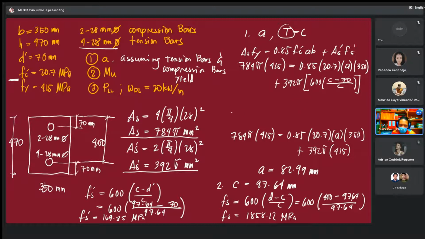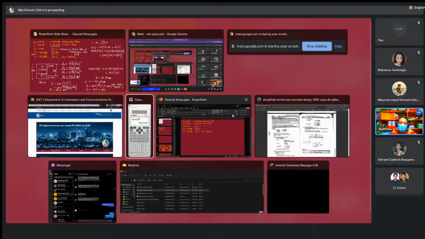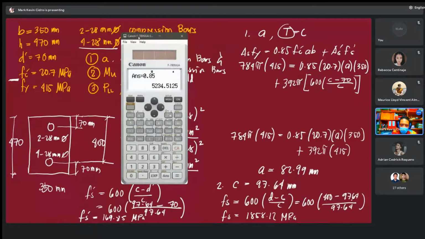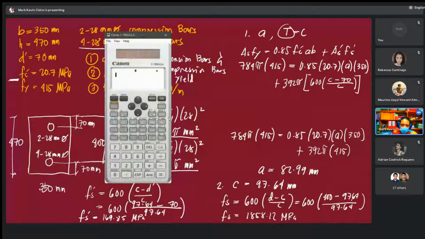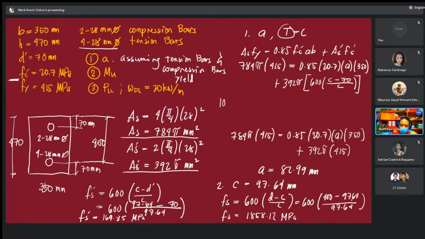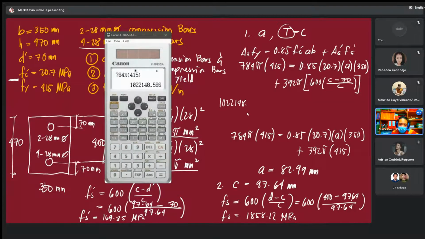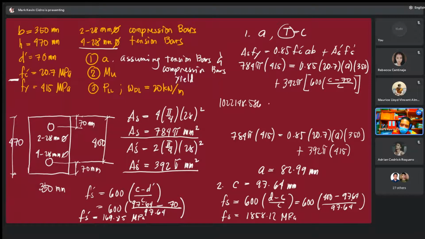I'll simplify. 784 pi multiplied by 415 is 1,022,148.586.